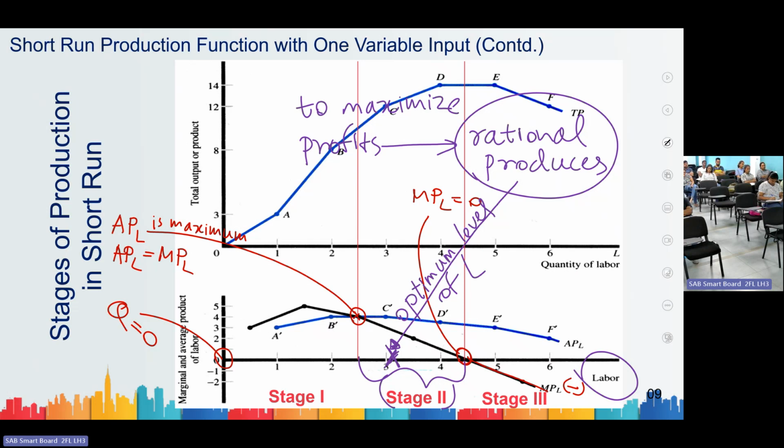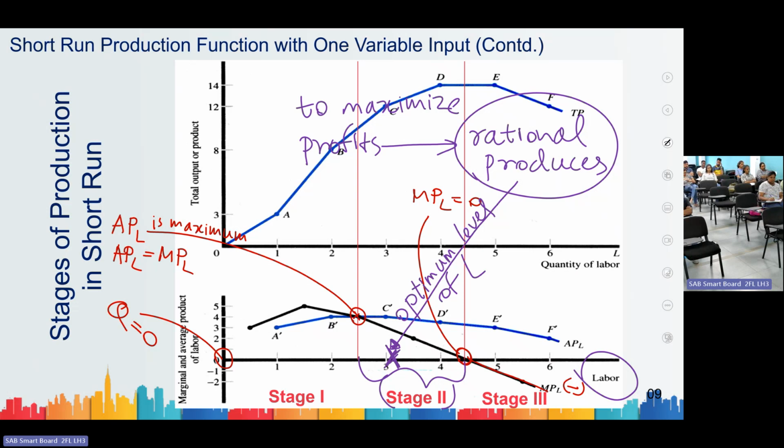That is where the rational producer operates. That is what we are going to see next: the optimum level of labor.